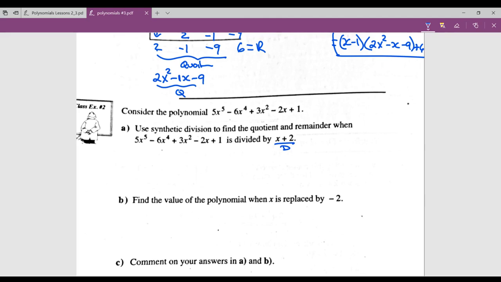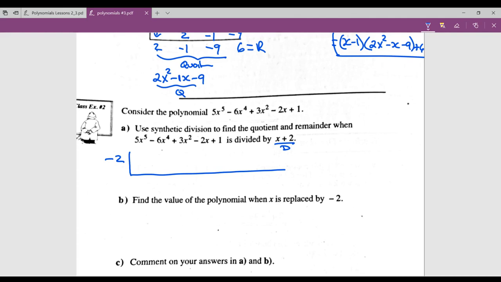Negative 2. So on the outside here, I put negative 2. And then I put in all the coefficients. Again, if you are missing any, we don't go down in proper order, you'd have to add in a 0, but in this case we don't. It's 5, 4, 3. Oh, we do miss one.